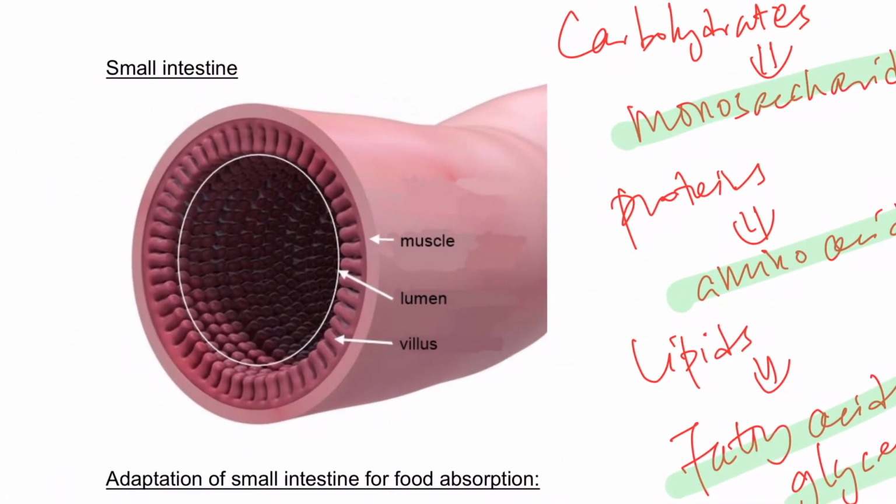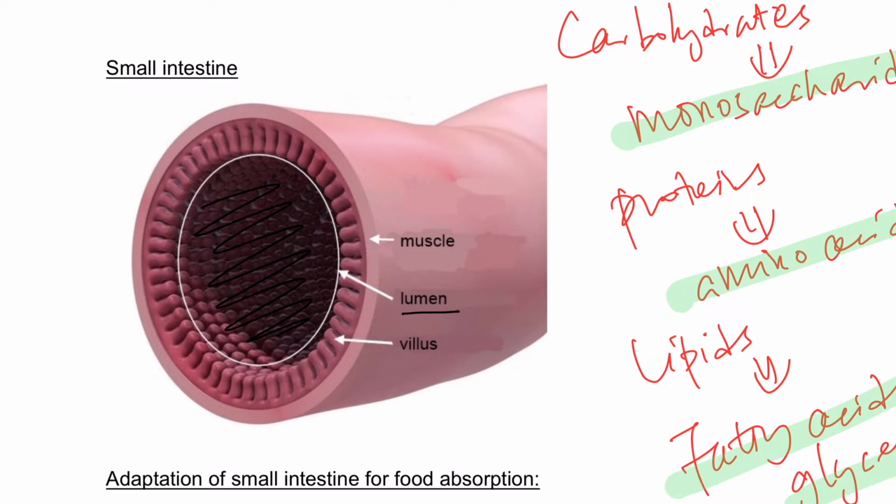Now let's have a look at the structure of the small intestine and see why it is well adapted for absorption of digested food. Firstly, we have to understand that this main hollow canal in the small intestine is known as the lumen.